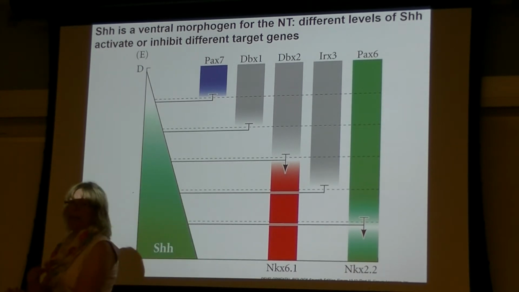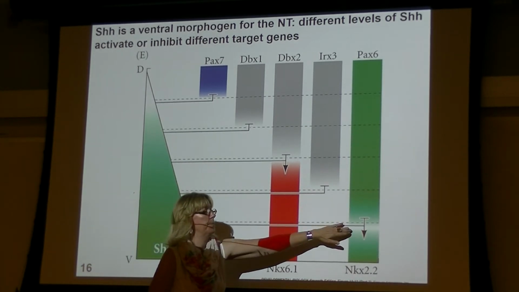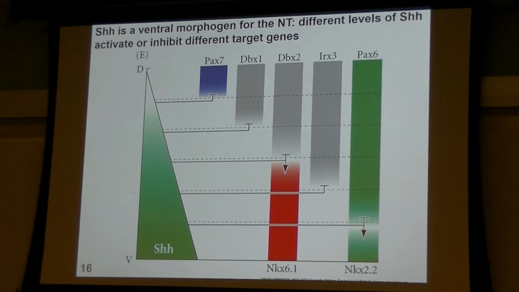Or you can flip the thing around and have it be repressive. So if you have too much sonic hedgehog, that can limit also where some of the genes will be expressed. So you see both positive and negative interactions listed here. So then this all leads into different expression on the part of these cells.